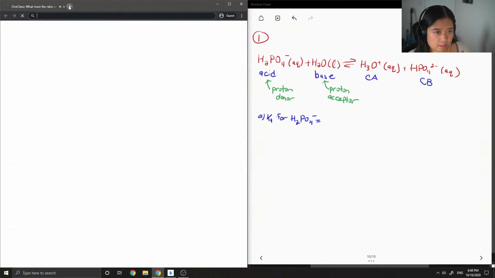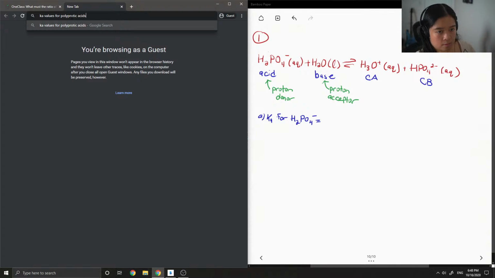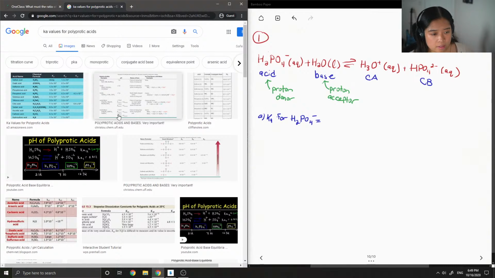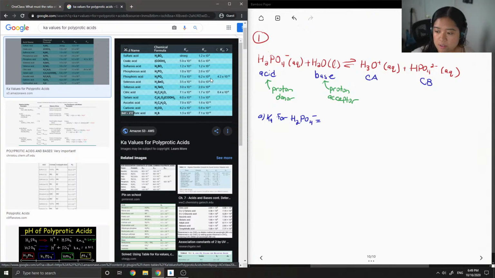Let me just look that up. Okay, so that's what it is for H3PO4, but we're looking for the one associated with the H2PO4 minus. So it's going to be this 6.2 times 10 to the negative 8 value.